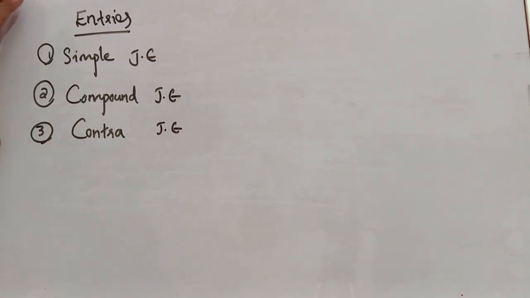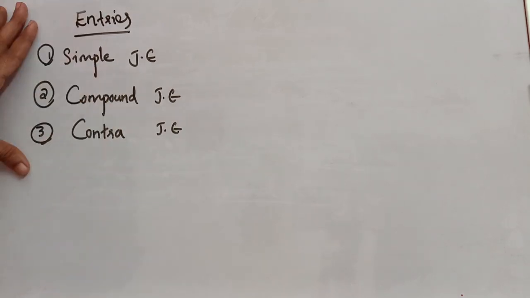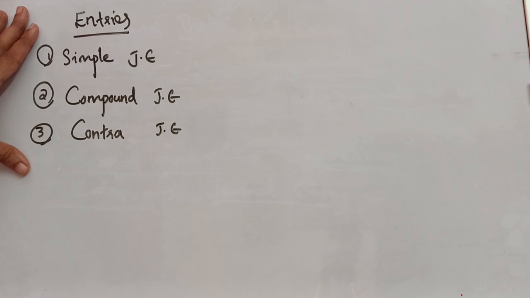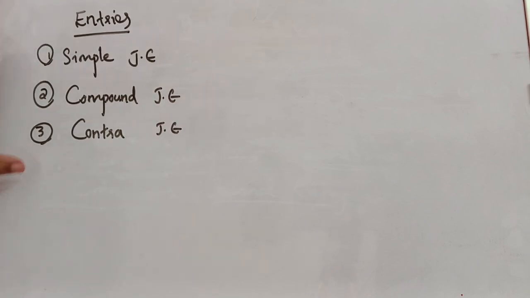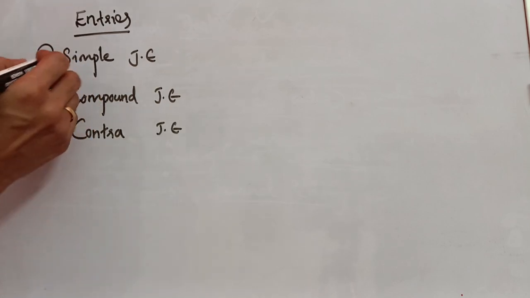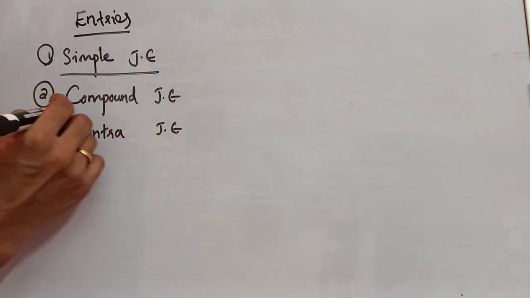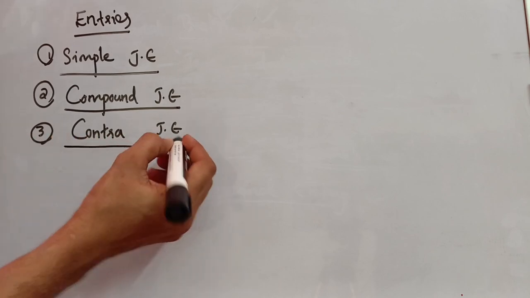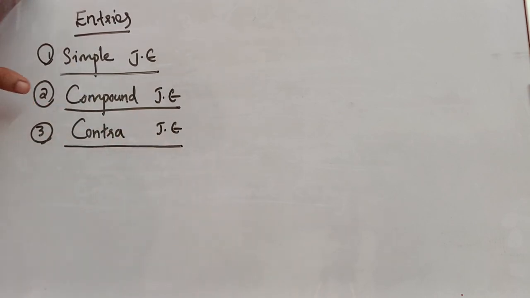Now we can discuss the types of entries. The entries can be divided into three: simple journal entries, compound journal entries, and contra journal entries.